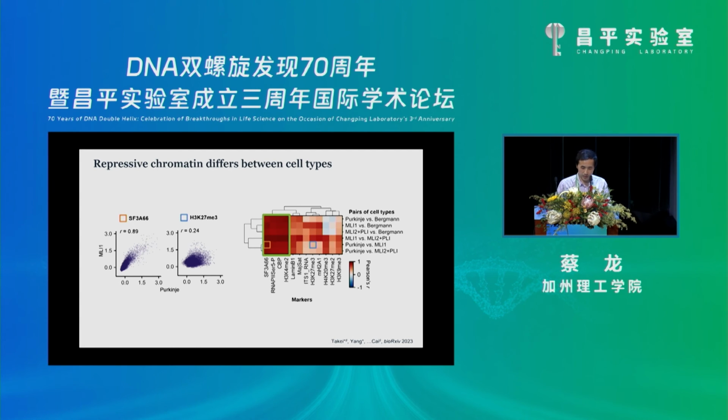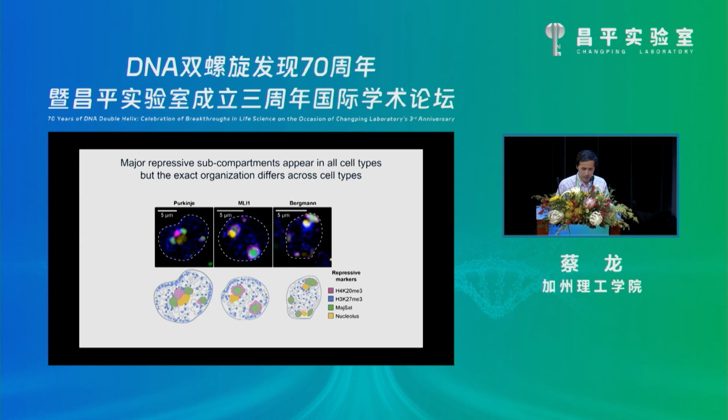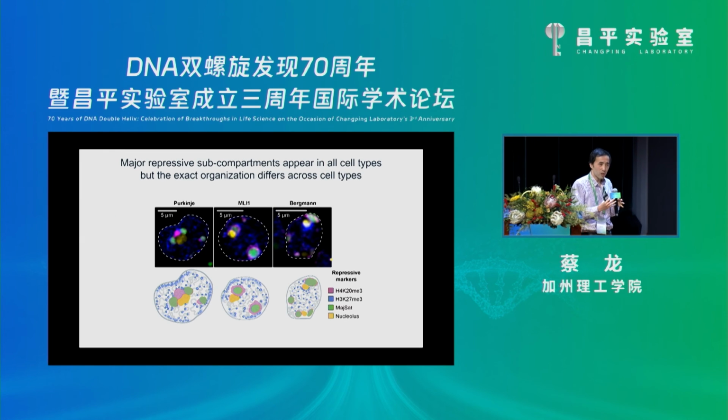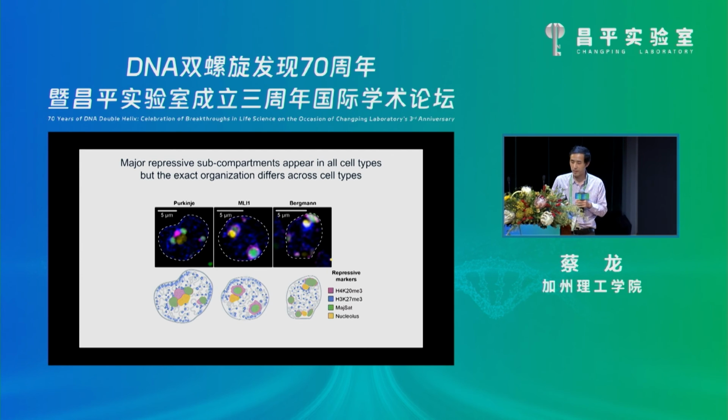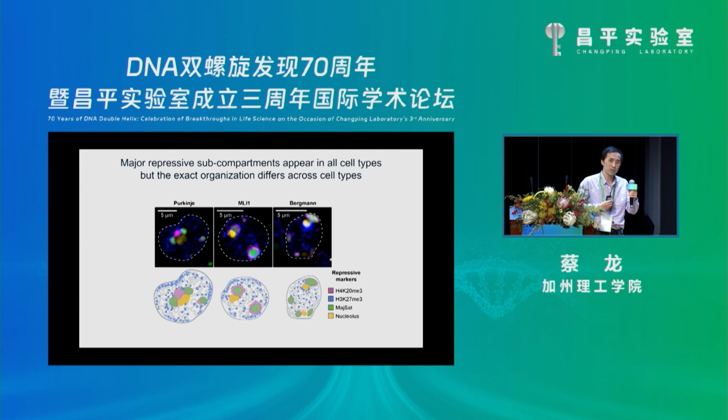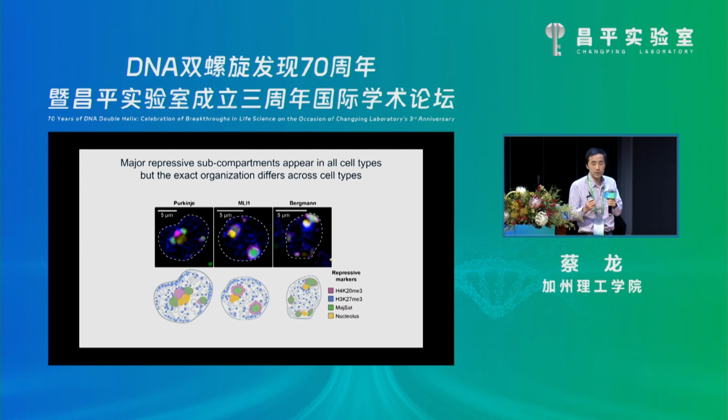So the major message is that the genes near active loci seem to be poised to be transcribed, and they're stationed near these speckles or active regions, whereas the repressive regions toggle very significantly between different cell types.